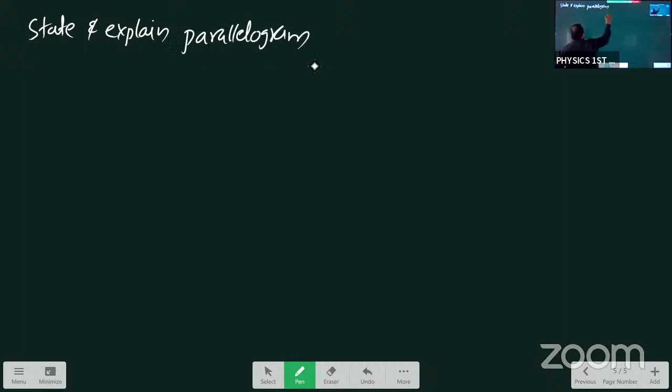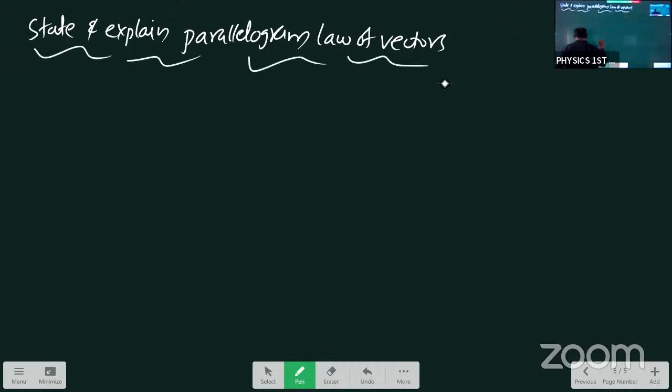Same question, student. Just one line is enough: state and explain parallelogram law of vectors. Obviously, the statement.